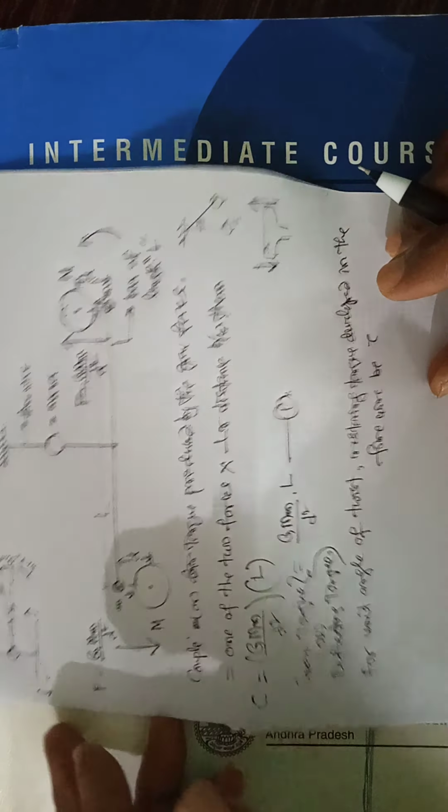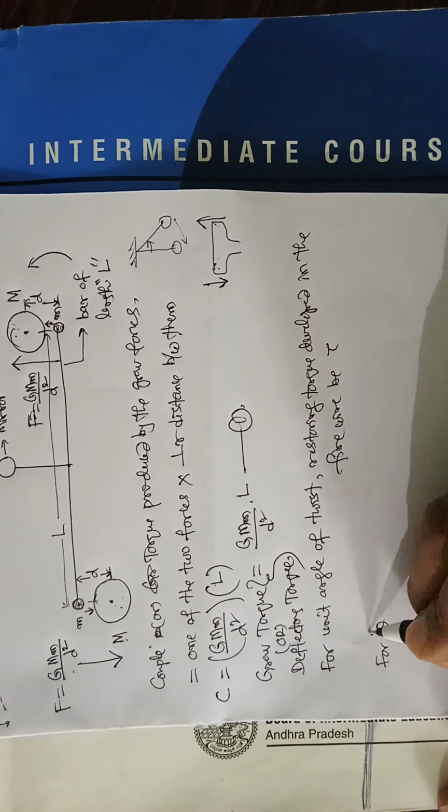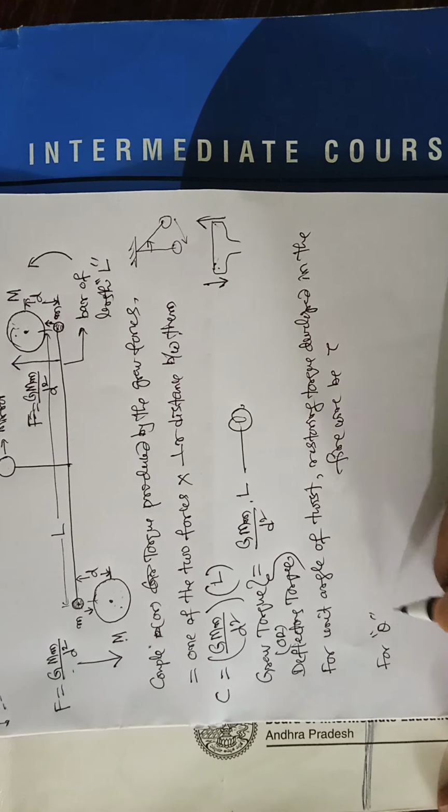Now suppose the wire is twisted by theta angle. For theta angle of twist, how much restoring torque is produced? Theta by 1 into tau, that is tau theta. And this is the restoring torque.